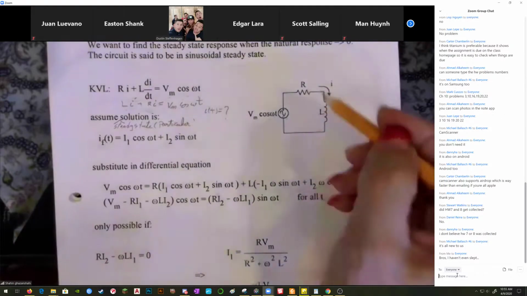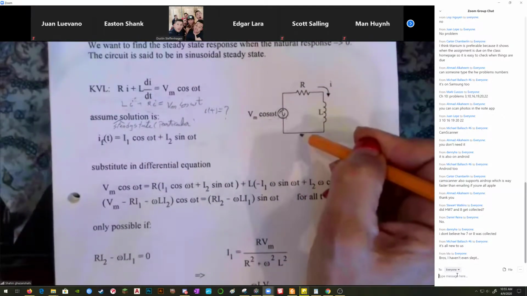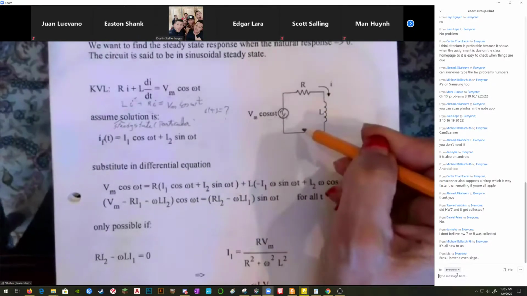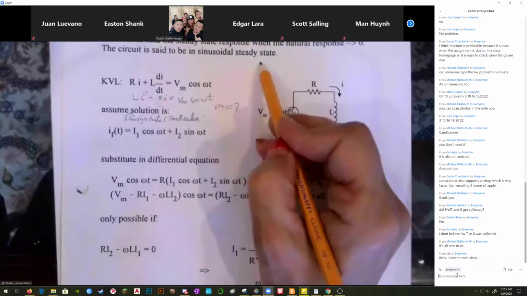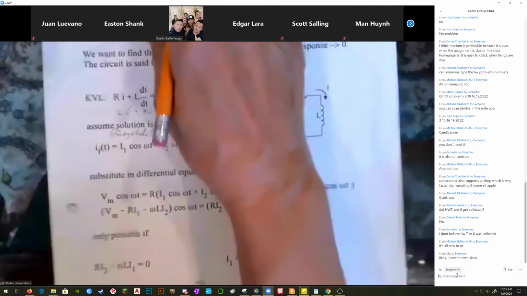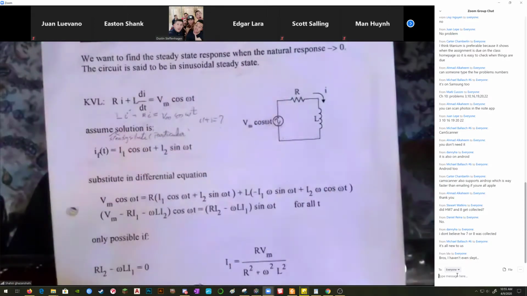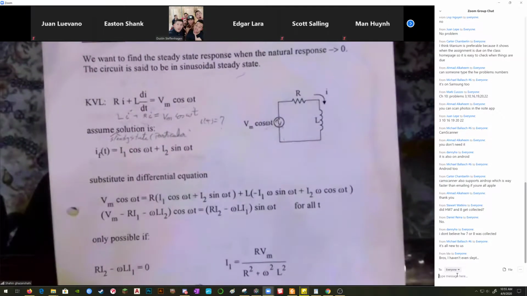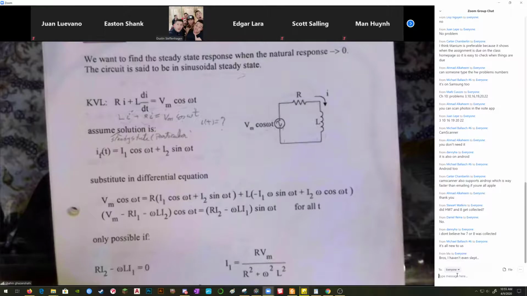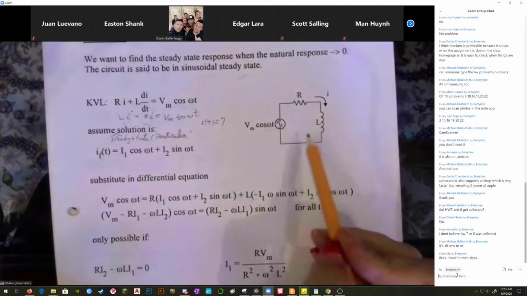That's why we say the circuit is in the sinusoidal steady state condition, because that's what we assume, that your transient solution goes to zero already. Okay, so we are looking for the final answer.